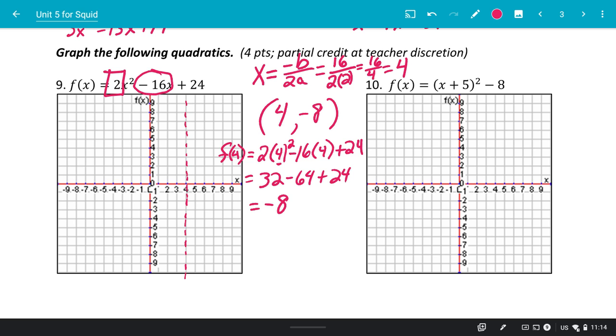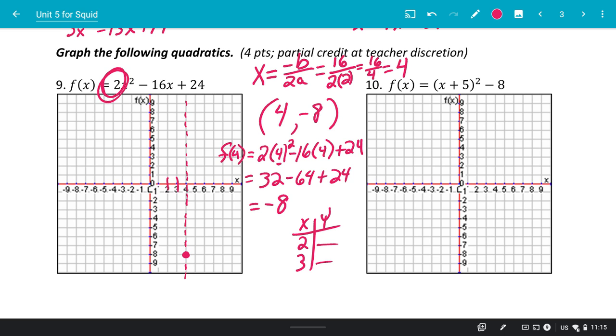Now I can plot my vertex. 4, negative 8. Now, I realize that we're supposed to now choose two numbers, like 2 and 3, and plug those in and get the y values. But I taught you a shortcut of how to find the next points. What was it? The leading coefficient, the a value.